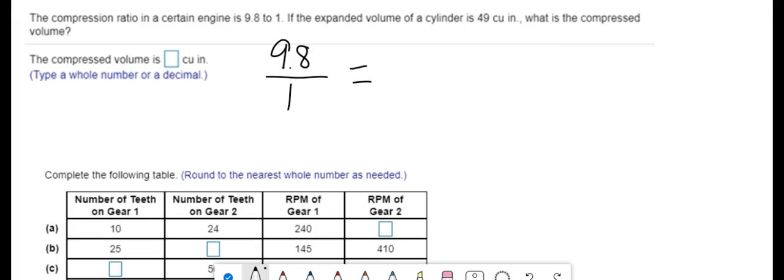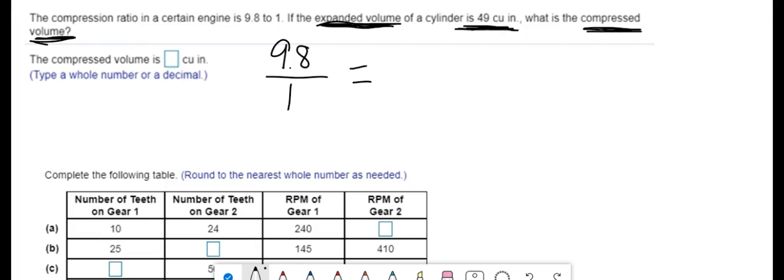And so now I need to logically think about whether or not this is going to be direct or indirect. So think about the expanded volume being 49 cubic inches and a compressed volume being the unknown.